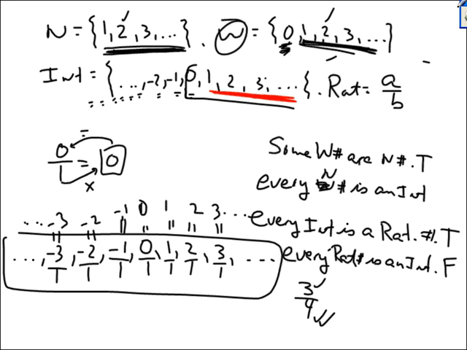Those are the three things you have to check. That's a rational number. But it's not an integer. This is not an integer. But it is a rational number. So I found a rational number that's not an integer. So how can I possibly say each and every rational number is an integer? I found one that isn't.